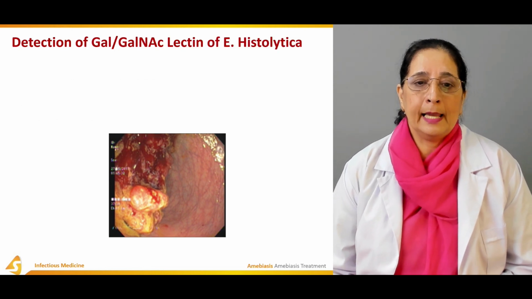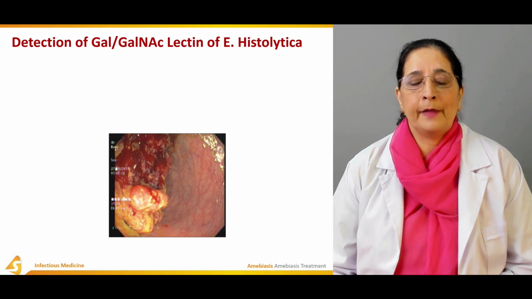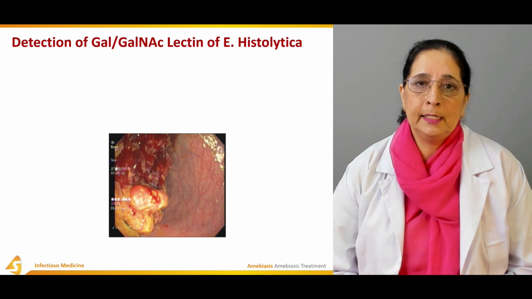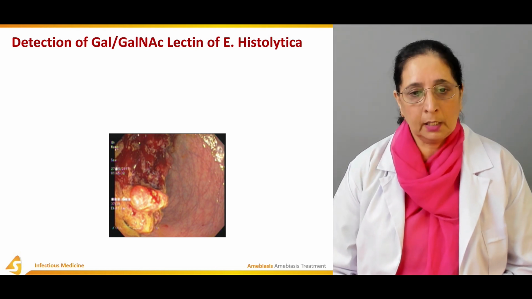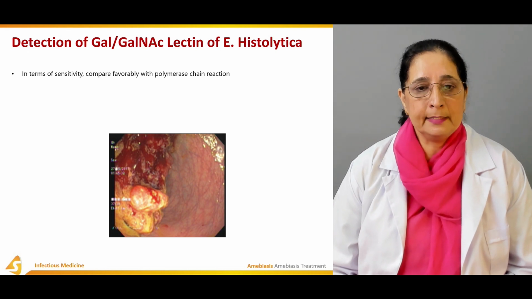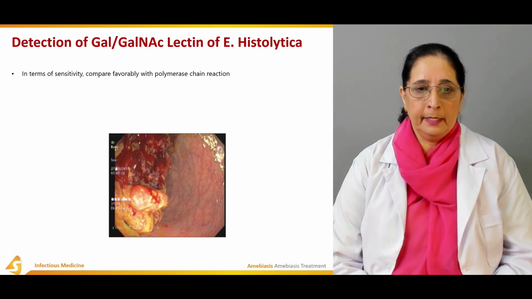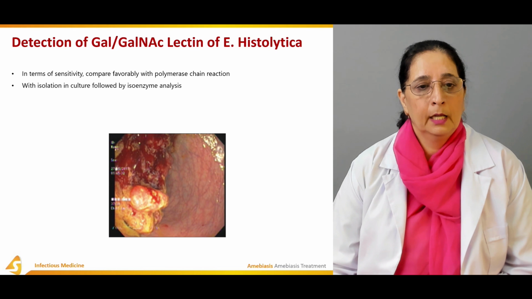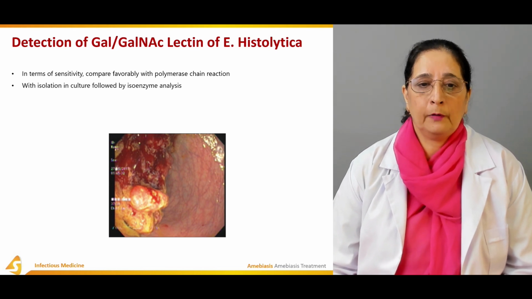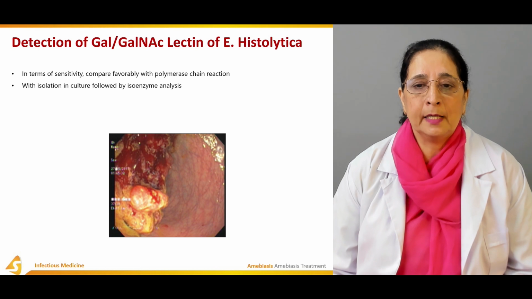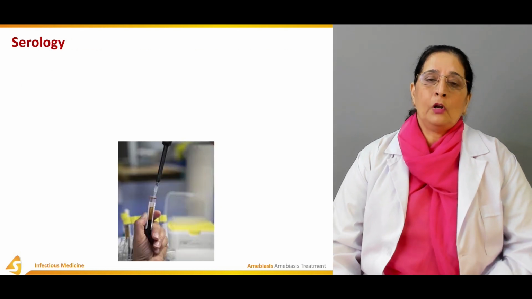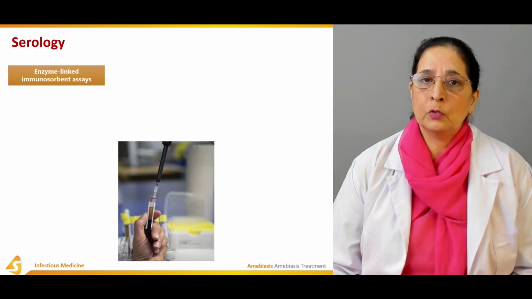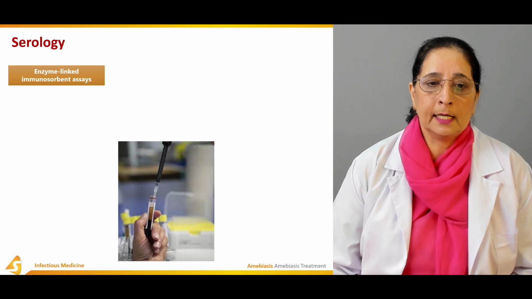Detection of the Gal/GalNAc lectin of Entamoeba histolytica, by which it attaches to the epithelial cells of the mucosa, compares favorably in sensitivity with polymerase chain reaction, and with isolation in culture followed by isoenzyme analysis. Now, the serology study of the serum is the enzyme-linked immunosorbent assay, ELISA.